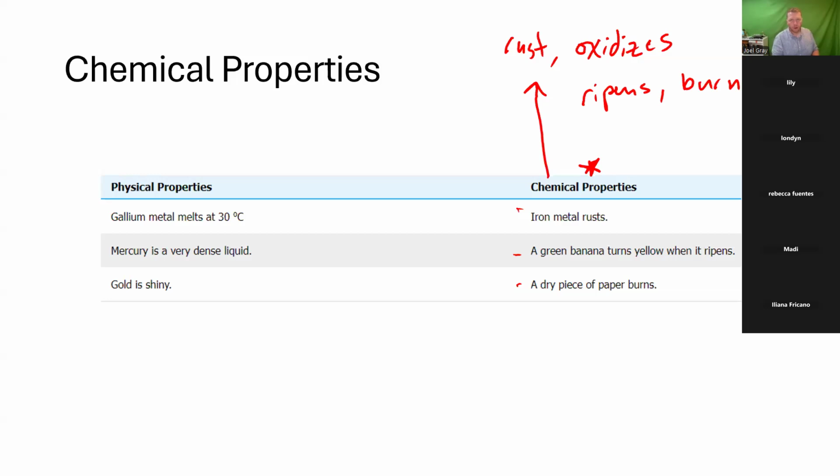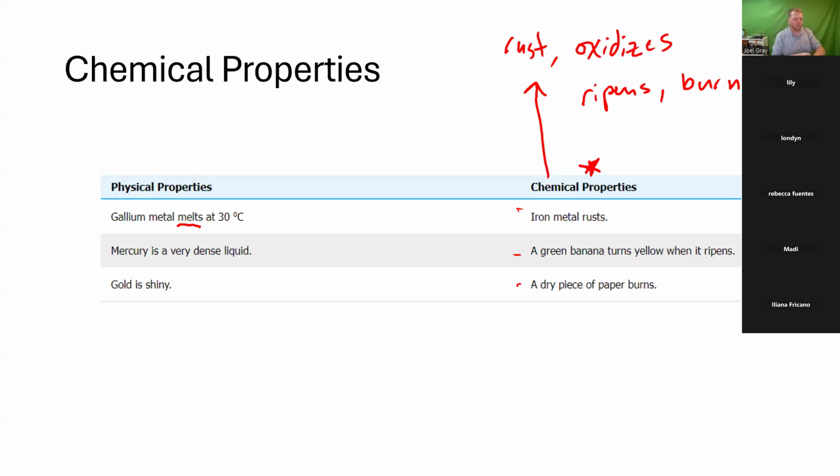Compare that to our physical properties and our physical changes. Gallium metal melts. If something melts versus something burning, are those the same thing? No. If you take an ice cube and put it out in the hot sun, is it going to burn? No. It's going to melt. So it's melting because it's changing from a solid to a liquid.